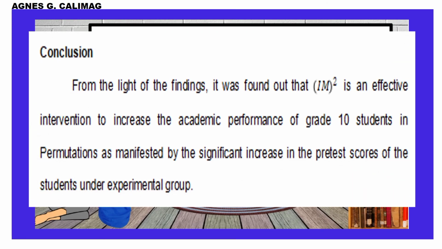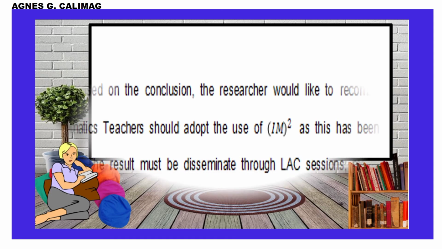And so, conclusion: in the light of the findings, it was found out that the Square of Im is an effective intervention to increase the academic performance of grade 10 students in permutations, as manifested by the significant increase in the scores of the students under the experimental group.